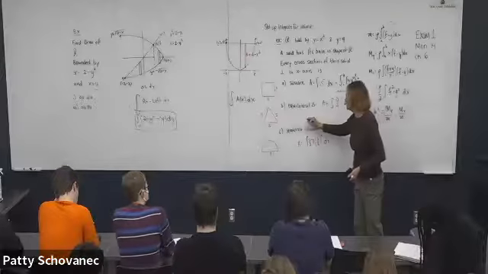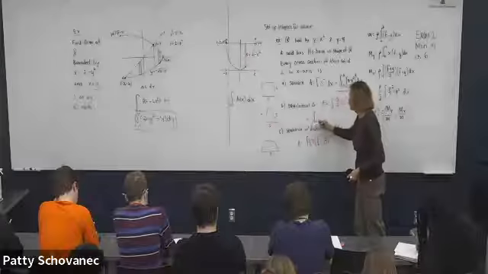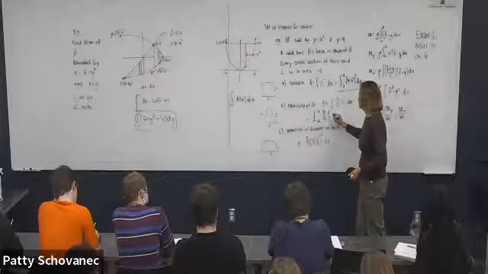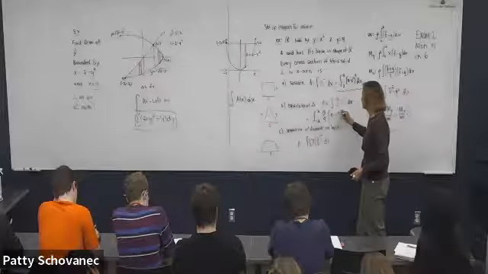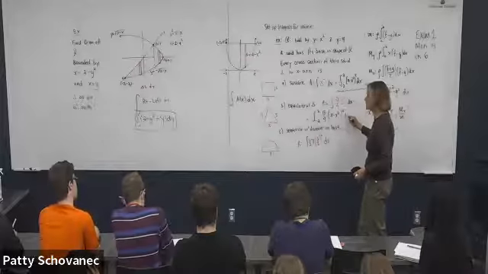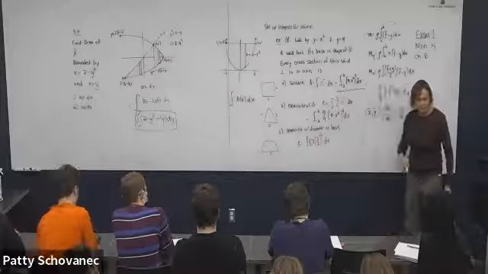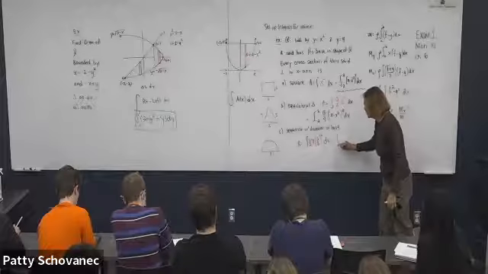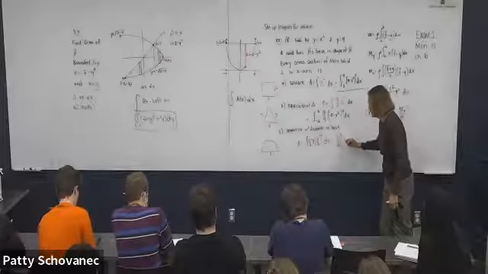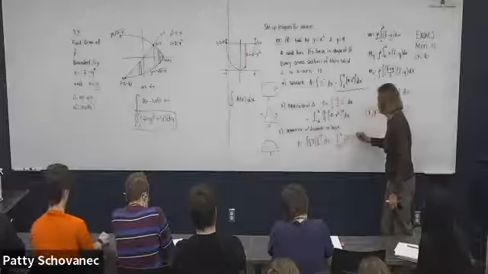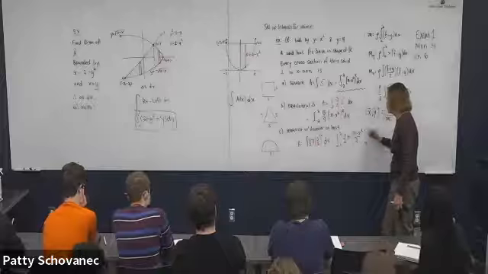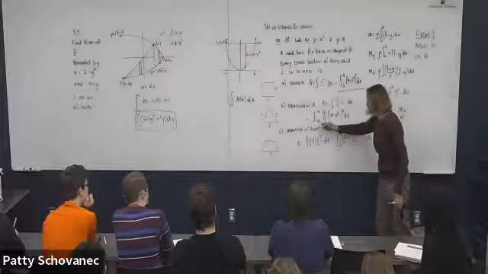Next one, we're going to have the integral from -2 to 2 of square root of 3 over 4 times 4 minus x squared, squared, dx. Down here, I'm going to have the integral from -2 to 2 of 1/2 pi times 4 minus x squared over 2, squared, dx.